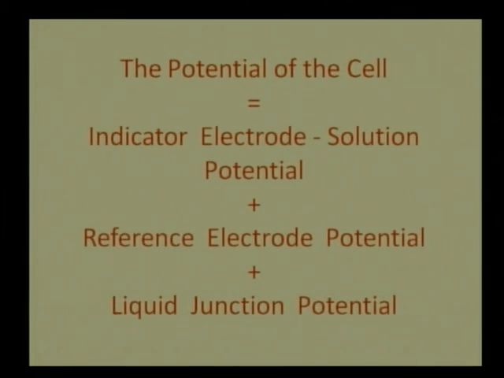The potential of the cell is defined as the indicator electrode and solution potential plus the reference electrode potential plus a liquid junction potential. The liquid junction is made up of a KCl solution, which is placed in between the indicator and the reference electrode to complete the circuit.